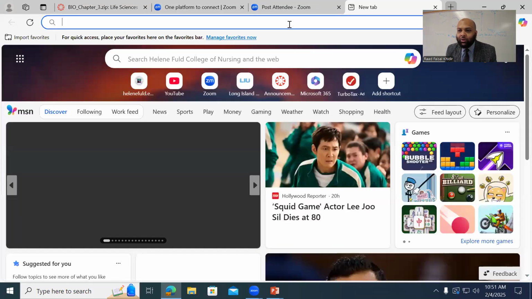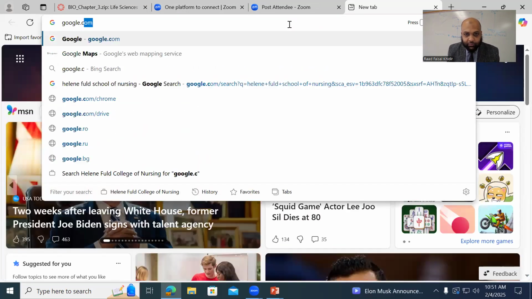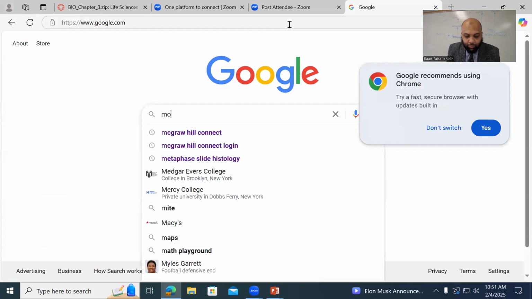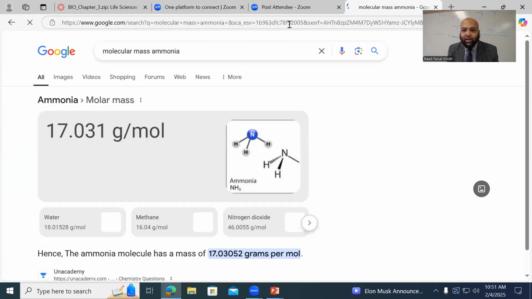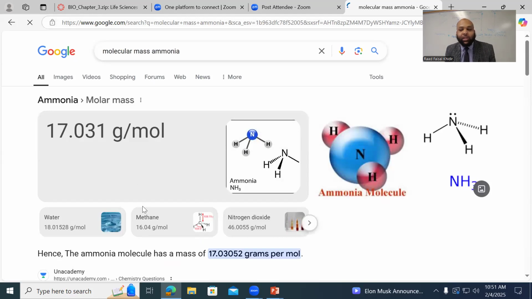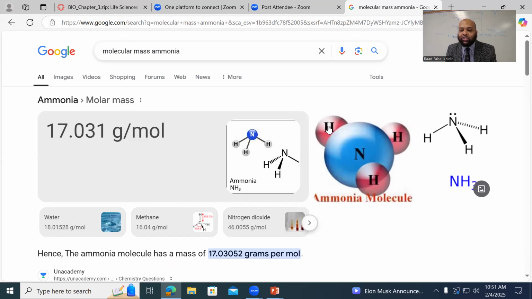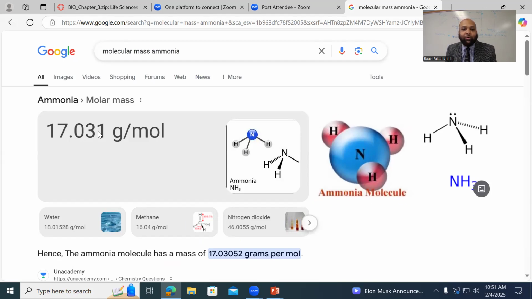Let me Google the molecular mass of ammonia. Ammonia has a nitrogen and 3 hydrogens. What's the molecular mass of ammonia? 17 grams per mole. Please write that down. The molar mass of ammonia is 17 grams per mole.